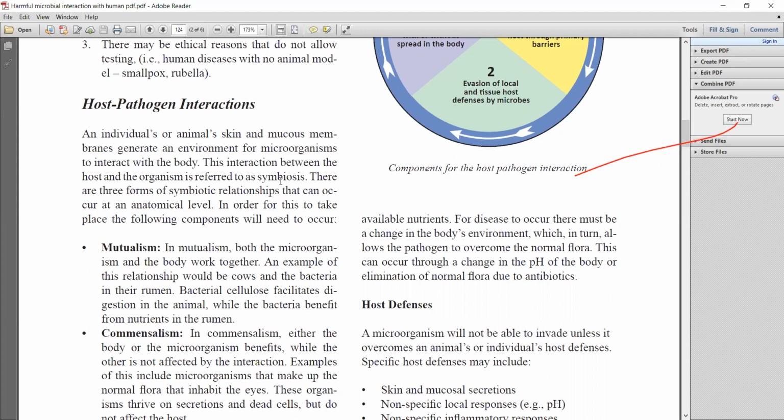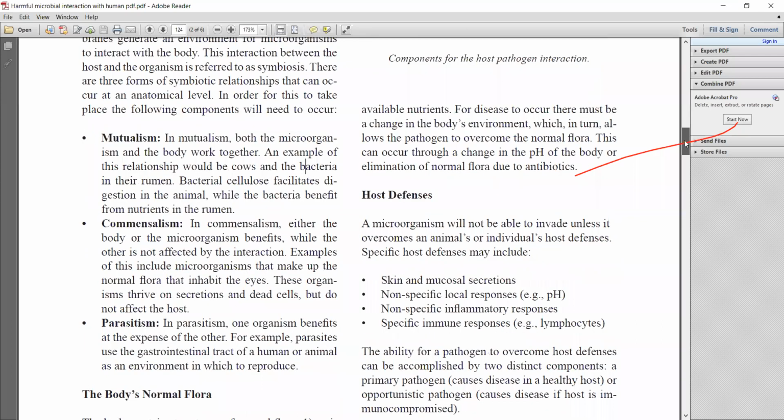So that particular interaction is called symbiosis. Now the symbiosis or symbiotic relationship can occur in three different forms at the anatomical level. In order for this to take place, the following components will need to occur. So what are the three different forms on which the symbiosis is based?